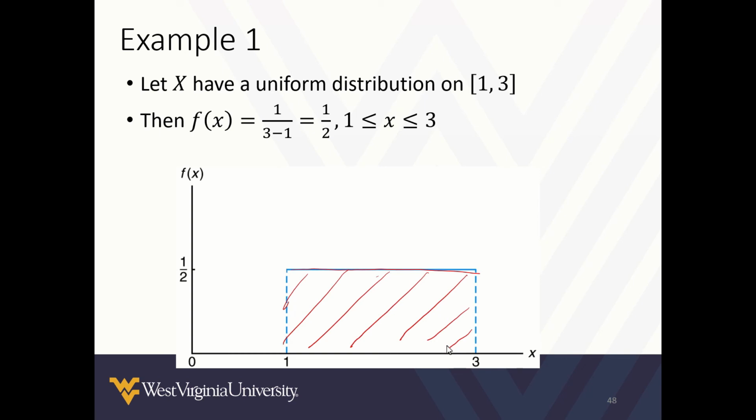And again, the area under the curve should be equal to 1, and we can even check that out. The base is 2 by a height of 1/2. 1/2 times 2 is equal to 1. So the area equals 1, and that checks out, and that should be the case.